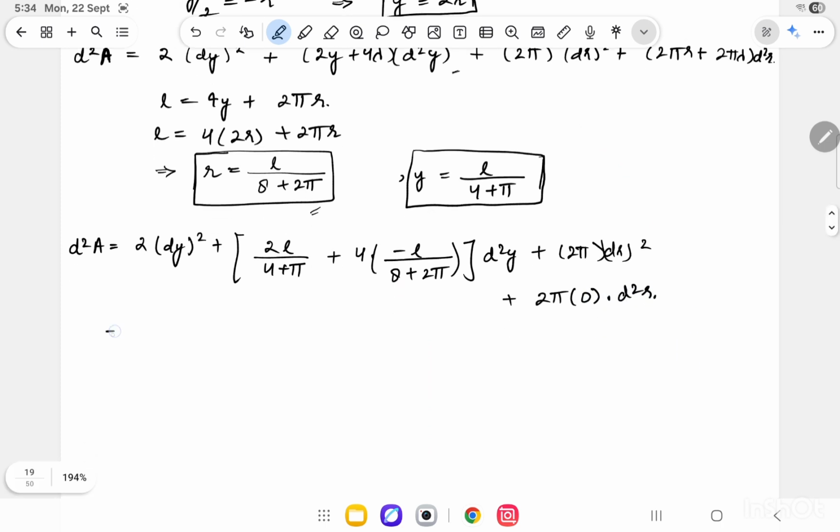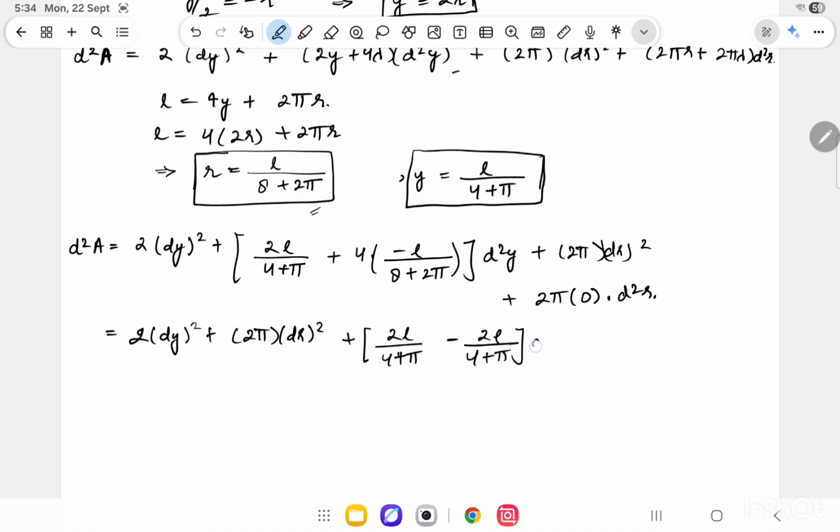So this simplifies to 2 into dy whole square plus 2 pi into dr whole square plus 2L divided by 4 plus pi minus 2L divided by 4 plus pi into d square y, and this balances out.